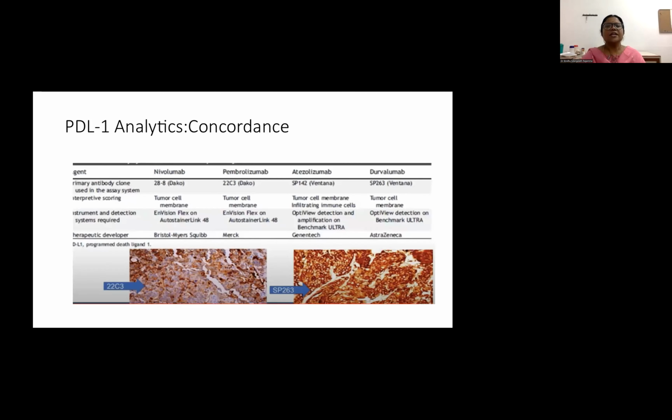And also the 2022 update has come up with a concordance about PD-L1. PD-L1 is programmed cell death ligand, wherein you demonstrate whether the tumor is showing positivity. There are certain scoring systems, but in this particular audience, I don't think I should be going into the details of the assessment of PD-L1 status.